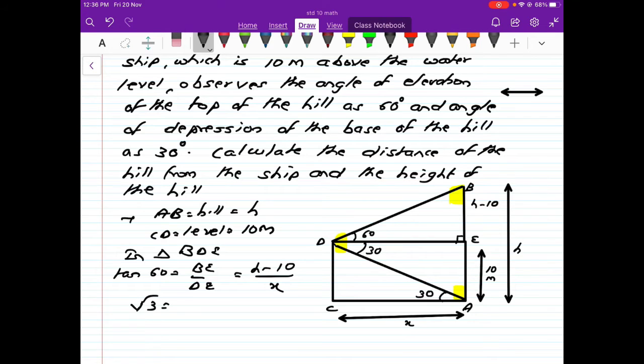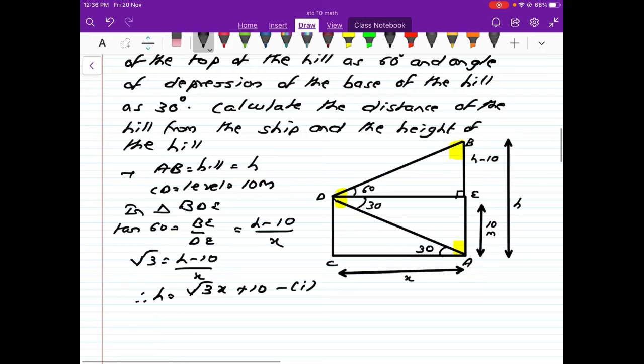So we will write root 3 is equal to H minus 10 upon X, or we can say H is equal to root 3 X plus 10. Okay, so this we can take as statement number 1.